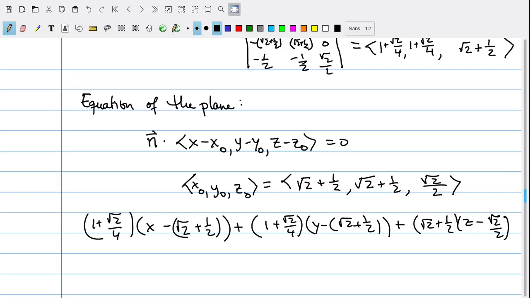And I forgot the parentheses there. There we go. I just set it equal to 0, and there's the equation of my plane.